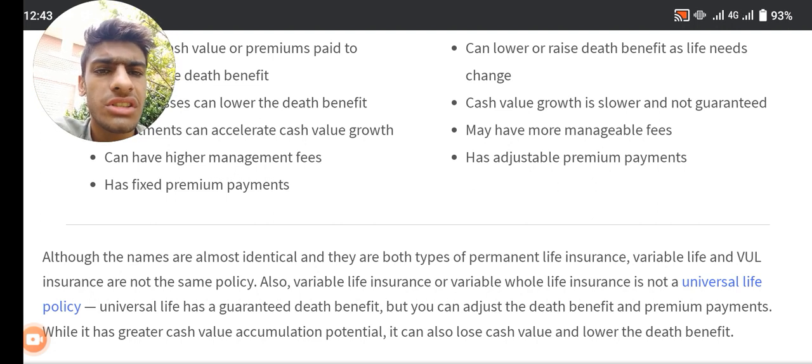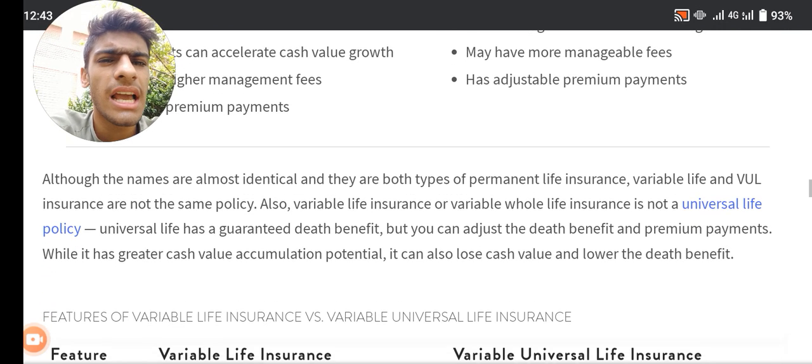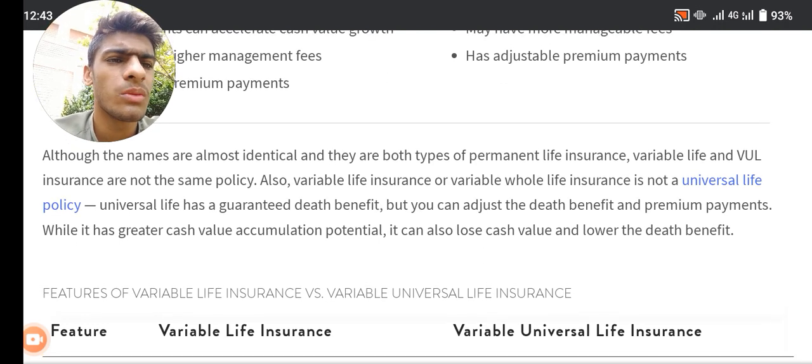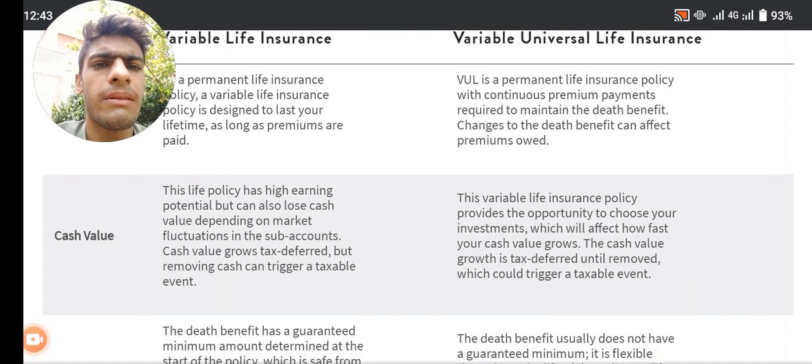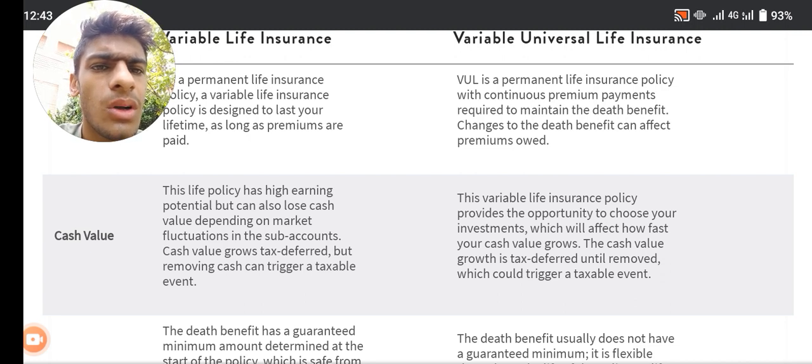Universal life policies have a guaranteed death benefit but cannot adjust the premium payment. There is cash value protection that covers the loss of the cash value and lowers the premium. Many policies have earnings protection, but there are also losses from fees and costs that affect the cash value growth.